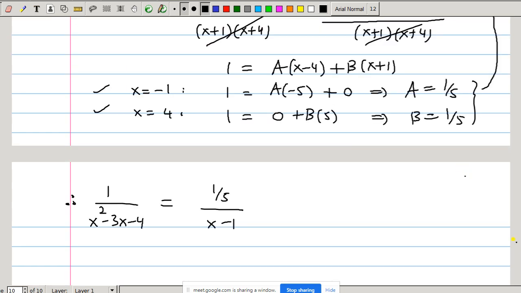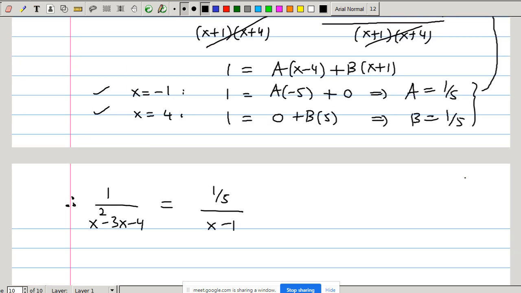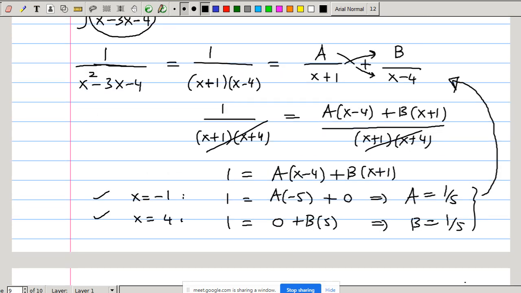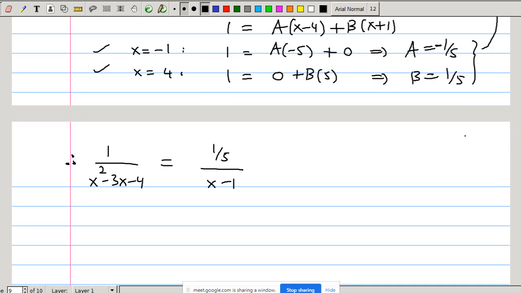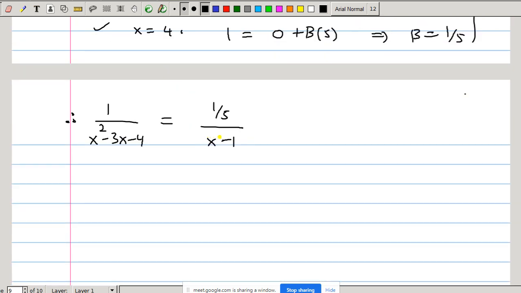What was a? A is minus 1 by 5, sorry, a is minus 1 by 5 and b is 1 by 5. So my first expression is equal to this one, no need to write the middle one now. If I replace the values, a is minus 1 by 5 and b is 1 by 5. So now I can integrate.